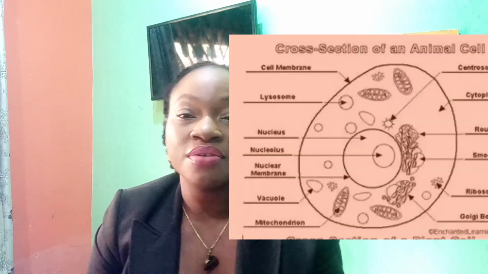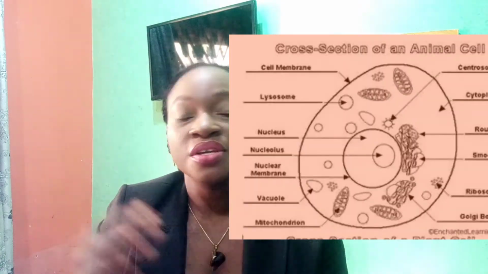But let me take you a little back to your secondary school biology, and let's talk about the cell. Very basic unit of life, right? Yes, so we have the animal cell and the plant cell, and usually in secondary school they asked us to identify the similarities and differences between the animal and plant cell.